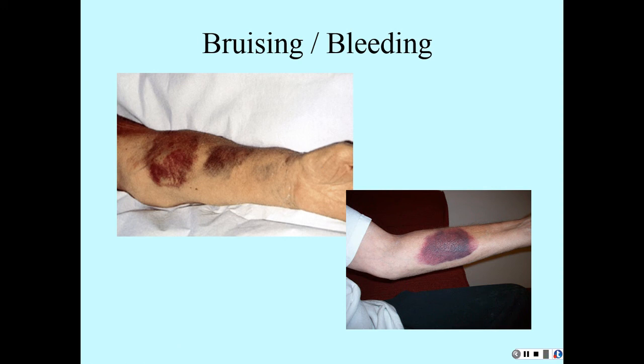It may be a tourniquet injury, especially for these folks who have that really fragile skin. We could put this big tight rubber band around them. Can have that. And then, of course, it can be from your anticoagulants.